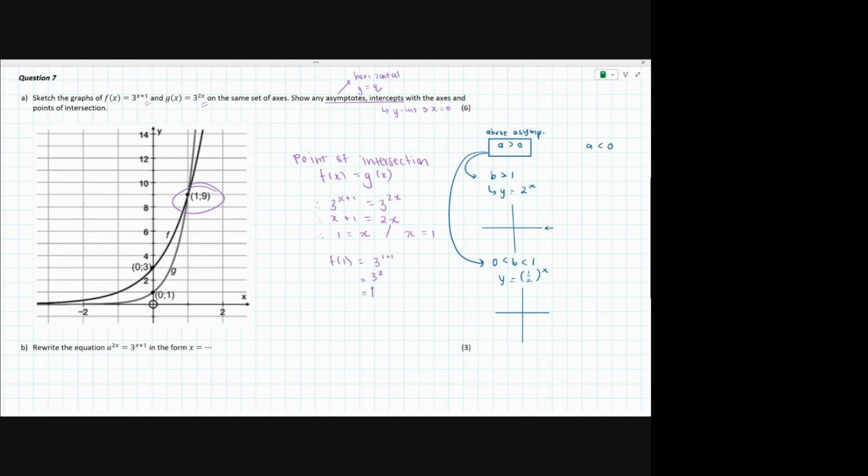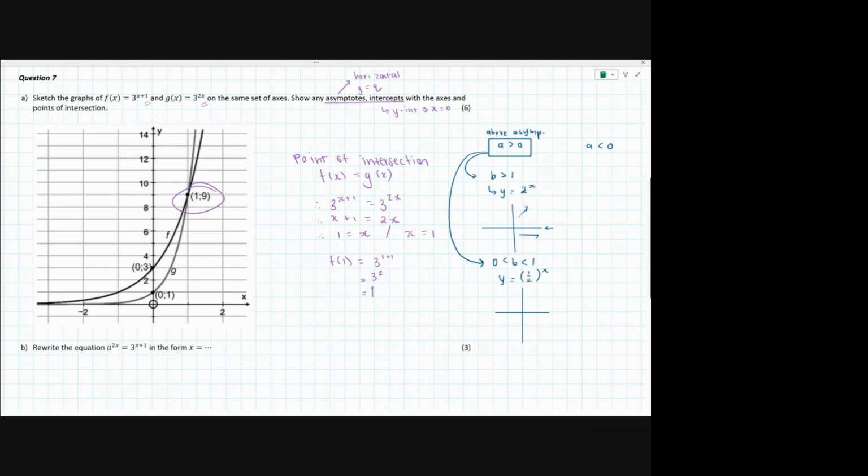If we look at the first equation, 2 to the power x, and we just kept increasing the value of x. 2 to the power of 0, 1. 2 to the power 1, 2. 2 to the power 2, 4. 2 to the power 3, 8. 2 to the power 4, 16. As my x values increase, my y values increase.